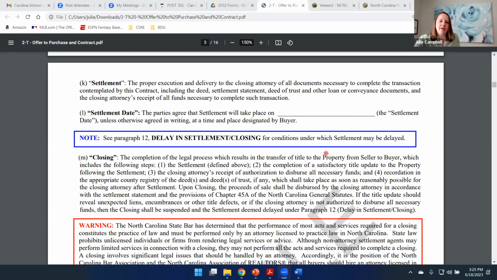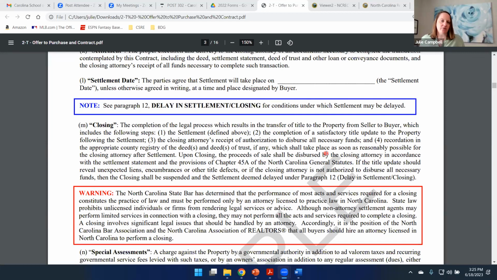So we define settlement, and then we define closing. Closing's what happens when you and I leave settlement. Closing is the completion of the legal process, which results in the transfer of title to the property from the seller to the buyer. Closing includes the following steps.